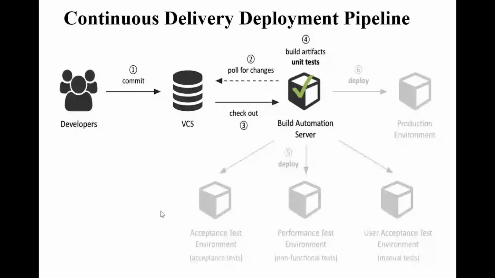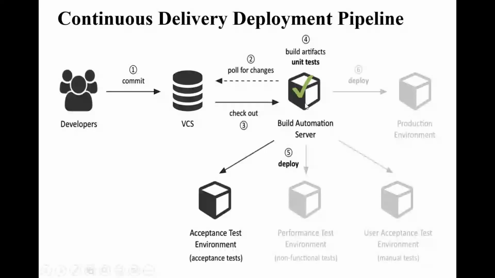Suppose here if you just observe the developers, whenever they commit to the version controlling tool, as we are talking about, we get the code, run the unit test cases and create artifacts. But these artifacts we deploy to the testing environments.